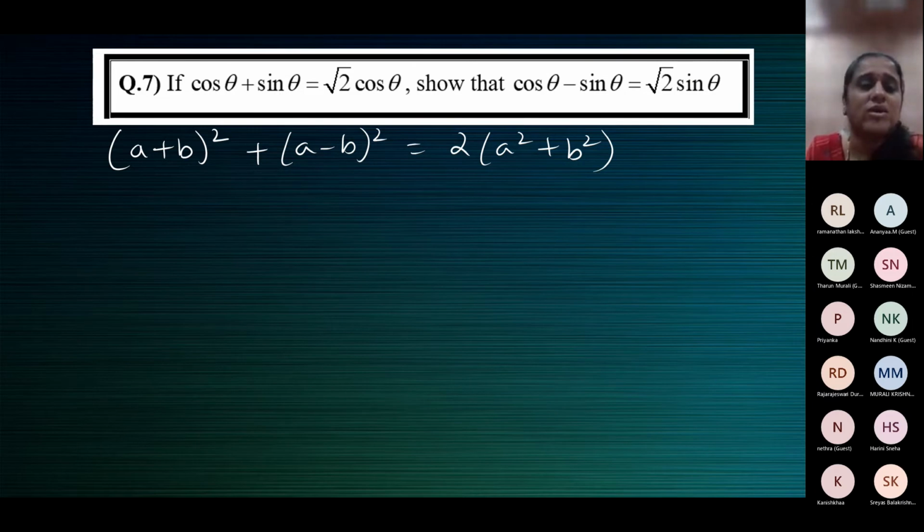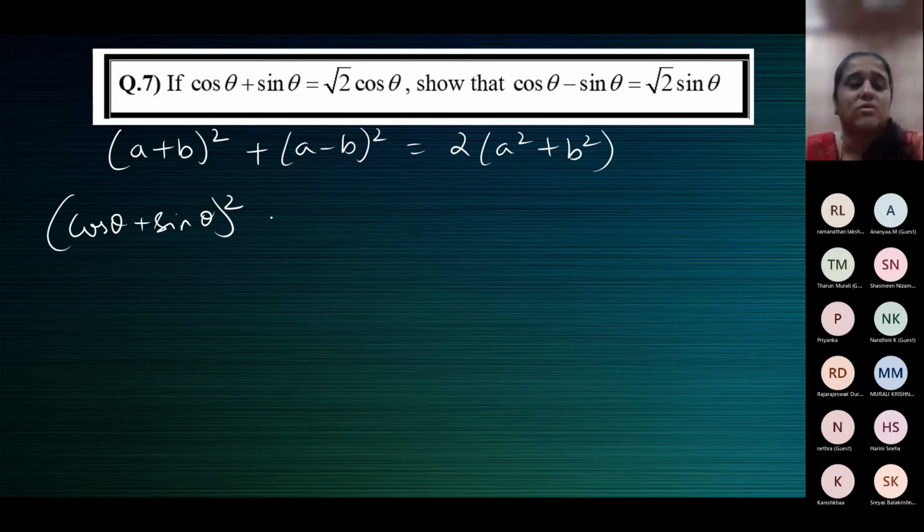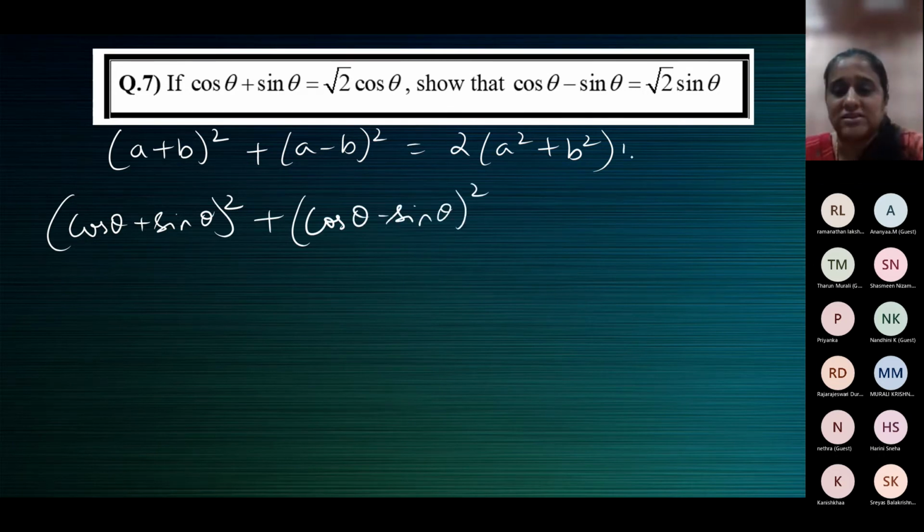Now see here. So what is A plus B the whole square? It's cos theta plus sin theta the whole square. What is A minus B the whole square? Cos theta minus sin theta the whole square. See here, we are just using this identity and we are substituting A with cos theta and B with sin theta. That's all. We are taking up an identity relevant to the situation.